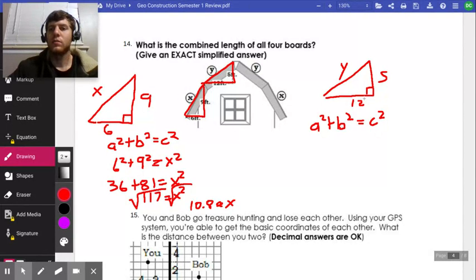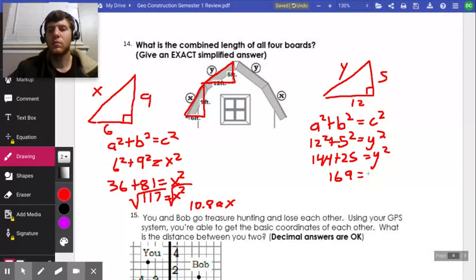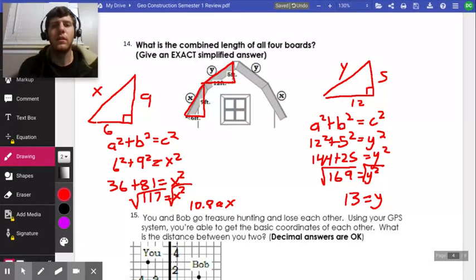Your two legs are 12 and 5, so 12 squared plus 5 squared equals y squared. 144 plus 25 is 169 equals y squared. If you take the square root of both sides, you end up with 13 equals y. Really, it's plus or minus 13, but you can only have a positive length, so we're going to pick the positive 13.